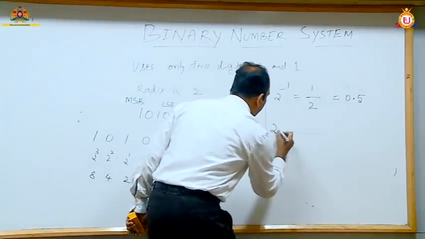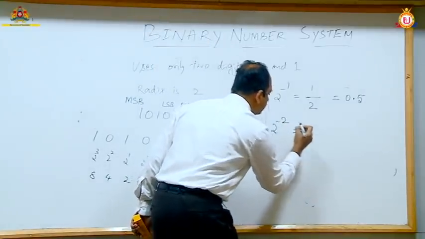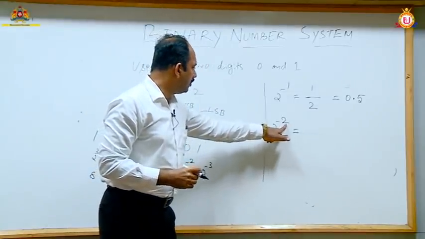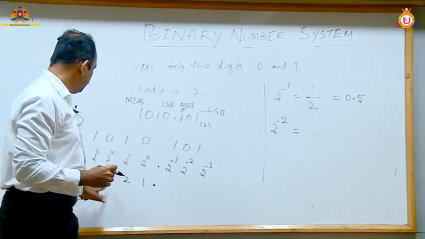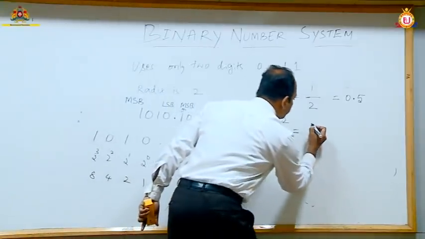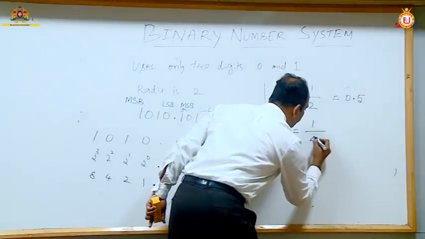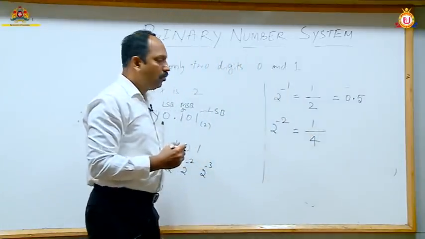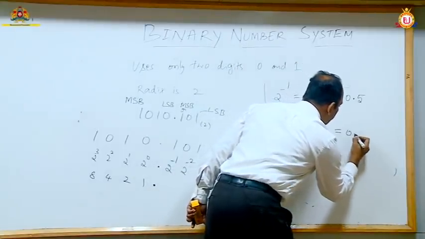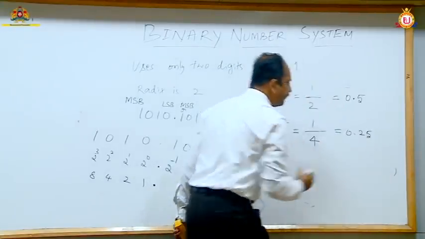Then what is 2 to the power of minus 2? 2 to the power of minus 2 means 1 divided by 2 to the power of 2. 2 to the power of 2 is 4, so we have to write 1 divided by 4. What is 1 divided by 4? That is 0.25.